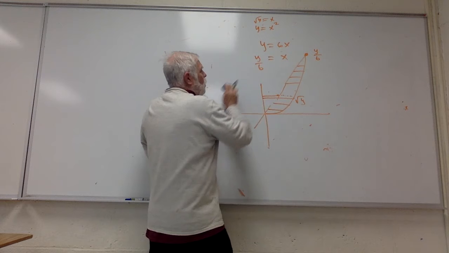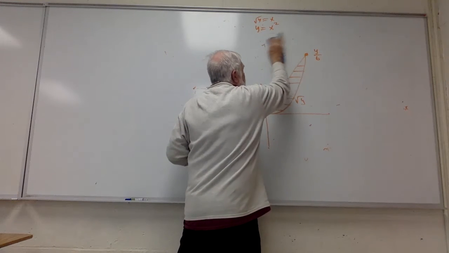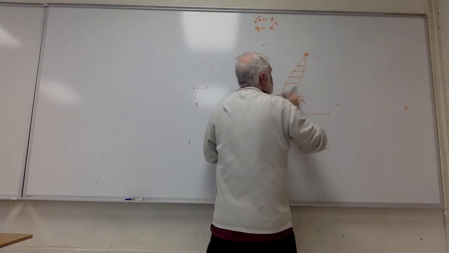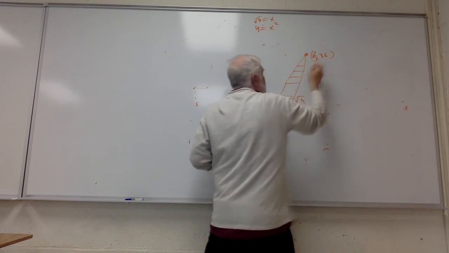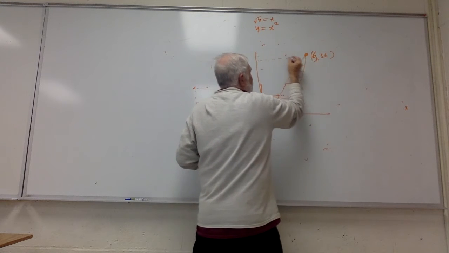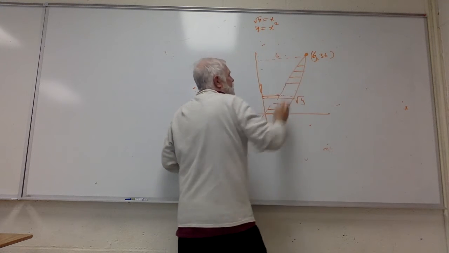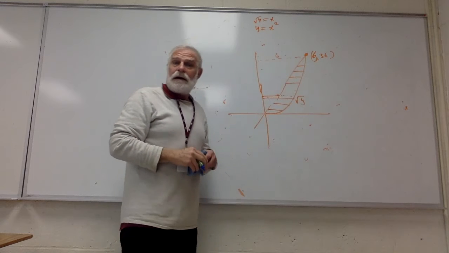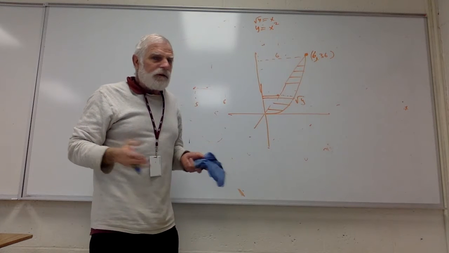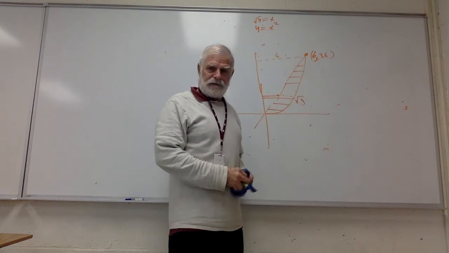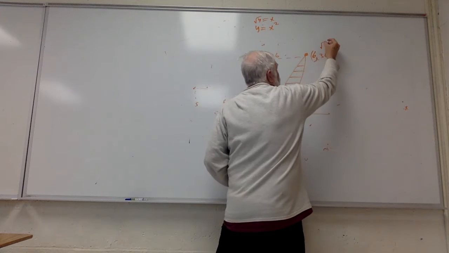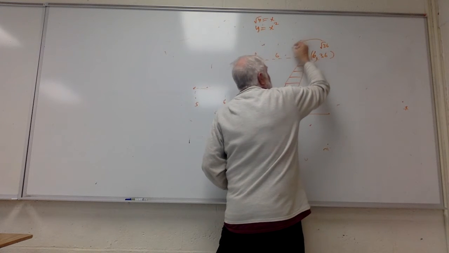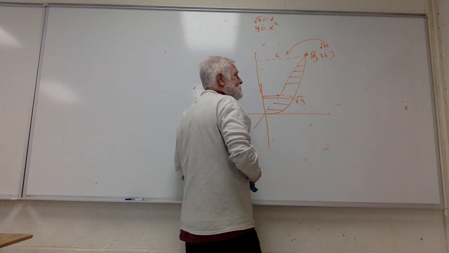Well, for instance, up here we have a coordinate, 6, 36. And this is a distance of 6 units. If I've got the y values, how would I find this distance? Yes, I think you would say the square root of 36 gets us that distance.